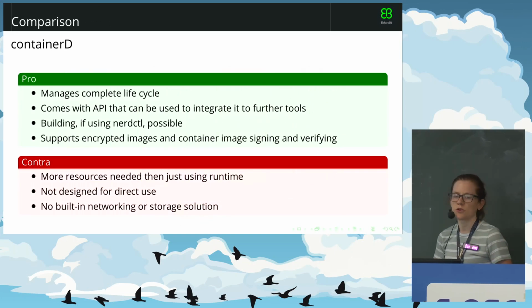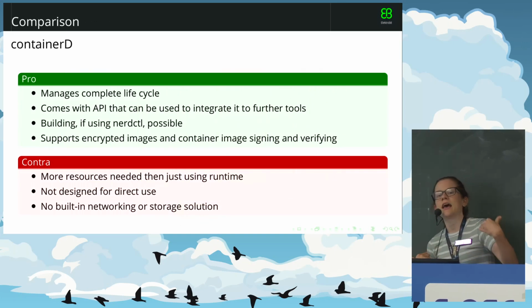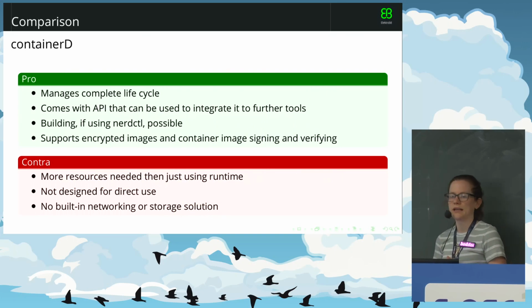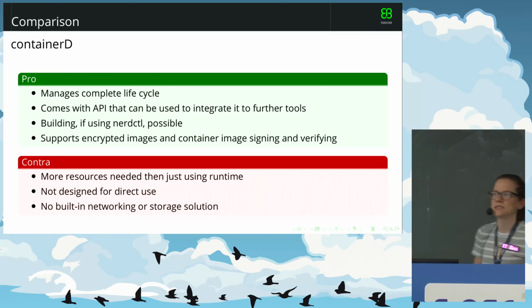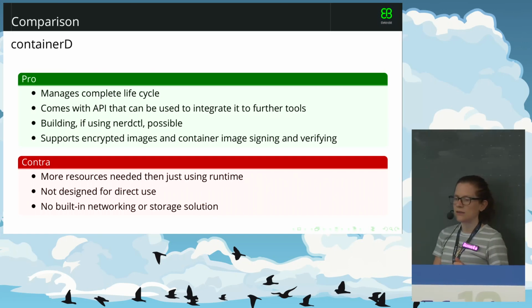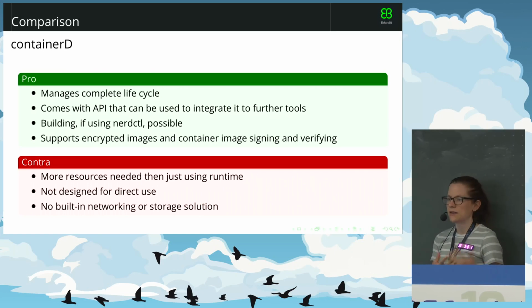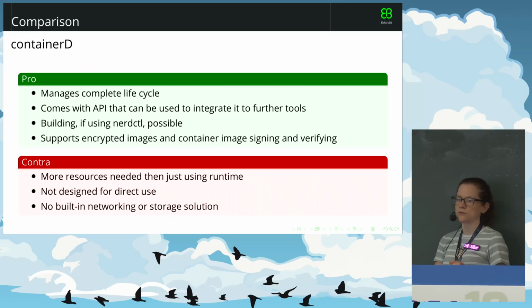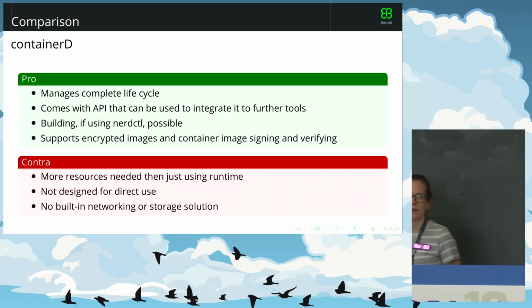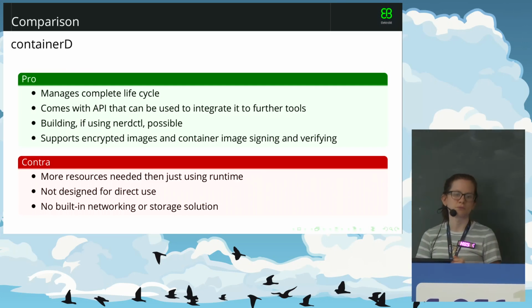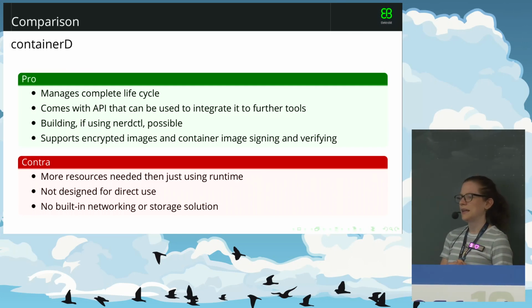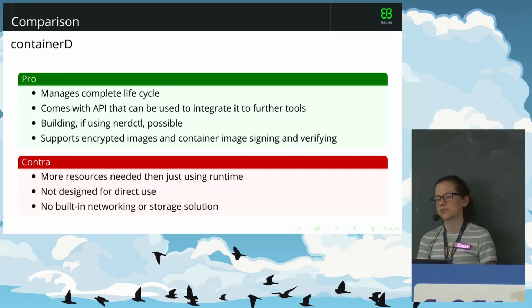What is good about containerd, it adds the management of the complete life cycle. That is something that it really enriches runc and crun with, because they don't have it. You have an API that you can use to integrate it further into tools that is then, for example, used, of course, by Docker. We had before the point that it's not possible to build, but there are command line clients like nerdctl that support that. And what I think is interesting, it also supports encrypted images and containers, signing and verifying.